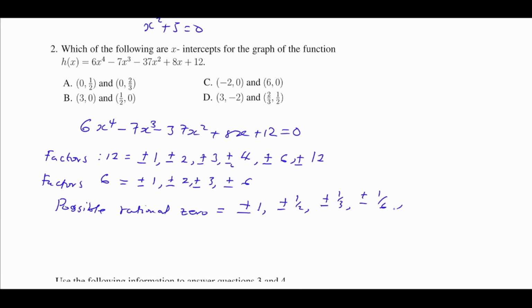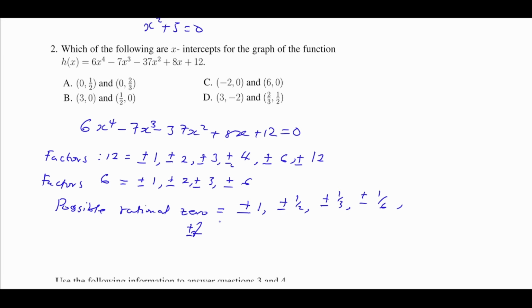Then I have plus or minus 2 over 1, that will give me plus or minus 2. I don't want to bore you with the whole of these things. When you go through all this process, you get the possible zeros.